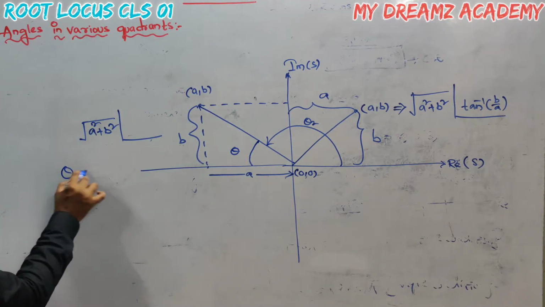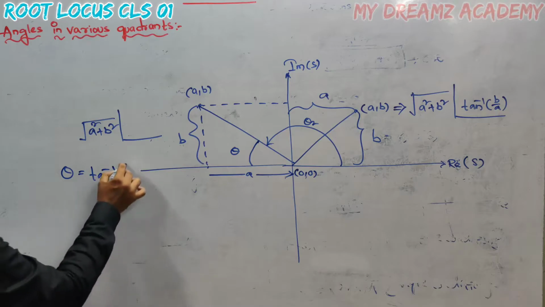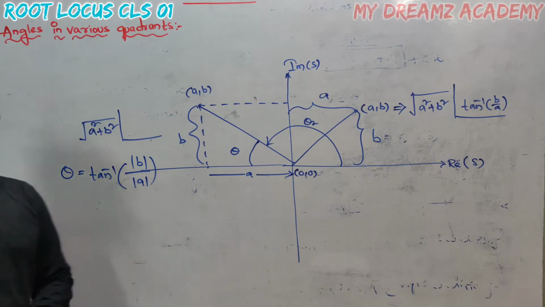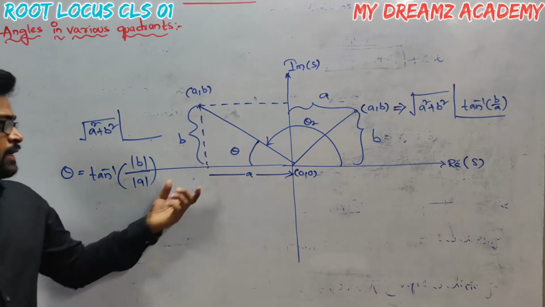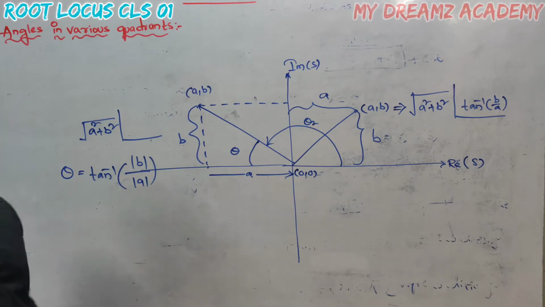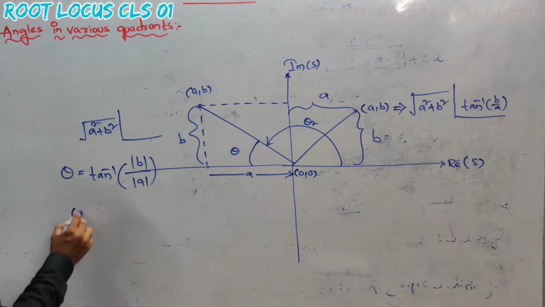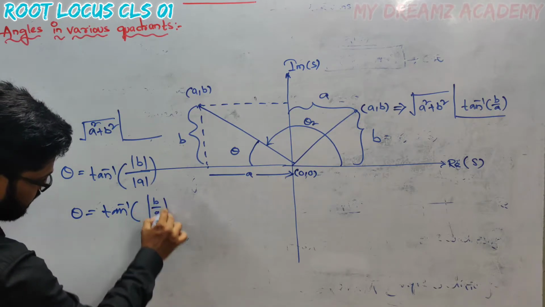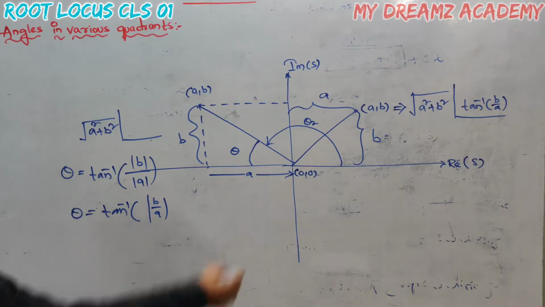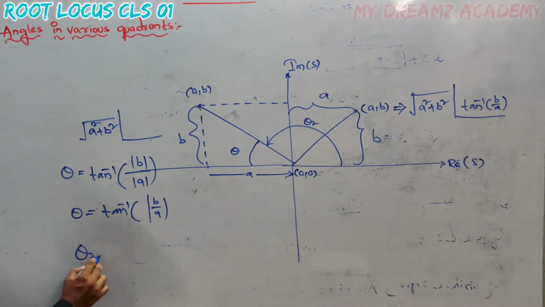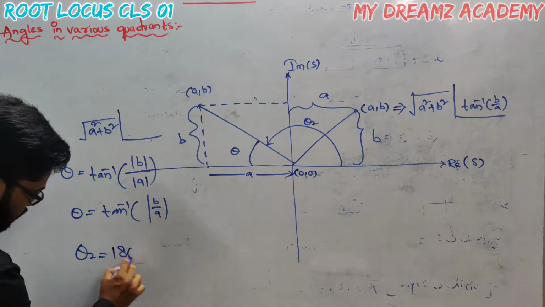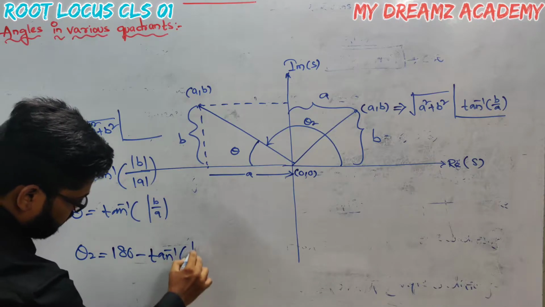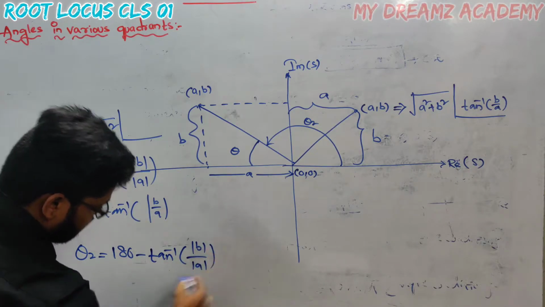The theta value is tan inverse of magnitude of B by magnitude of A. We should not consider a negative sign or a positive sign while calculating the angle. Now theta 2 will be calculated like this: theta 2 is equal to 180 minus this angle, that is, tan inverse of magnitude of B by magnitude of A.